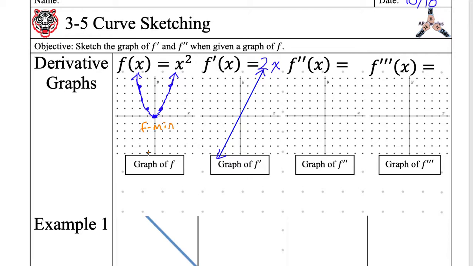F prime is what? No, take another guess. That's relative extrema. For an f minimum, though, f prime changes from a negative to a positive.